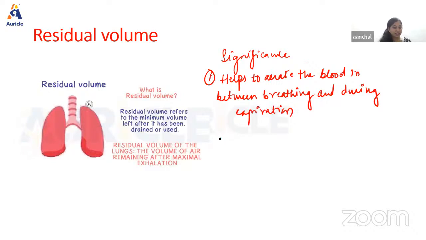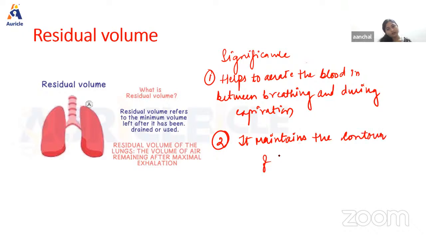And the second significance is that it maintains the contour of the lungs. Then talking about residual volume, the normal value is around 1200 ml or 1.2 liters. So this is all about residual volume.